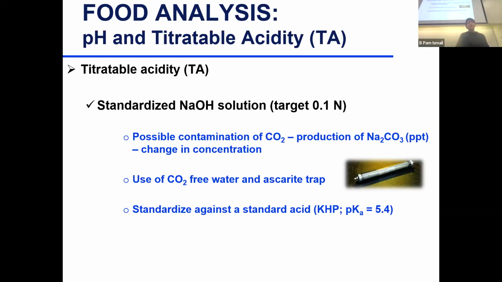And the NaOH that you use for titration, you standardized as well, because when you prepare NaOH and leave it for a little while, it will react with CO2 dissolved in water or in the environment above it and form sodium carbonate, reducing the normality of your reagent.